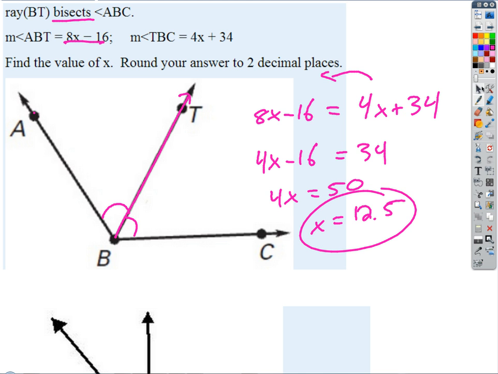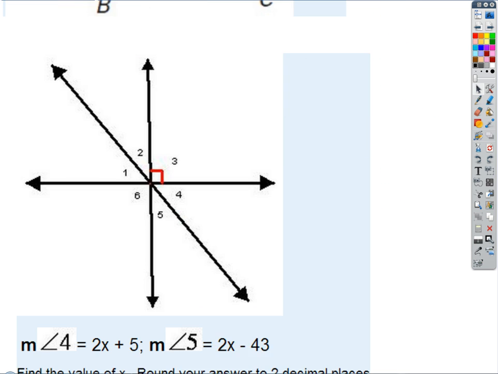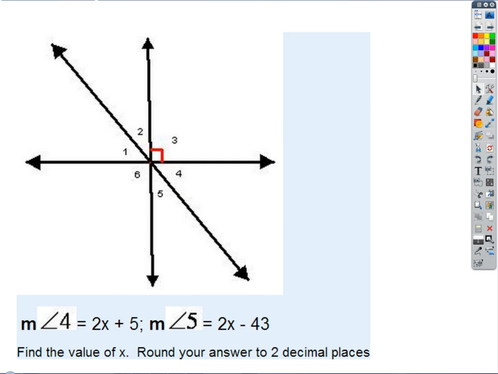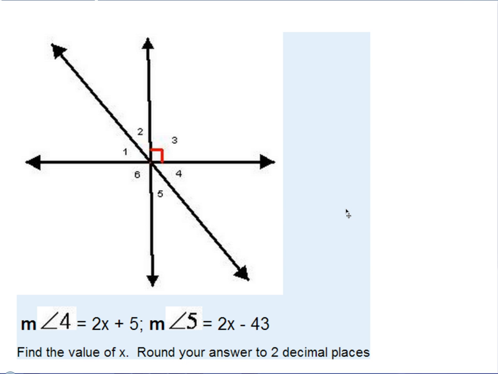Now compare that to this problem right here. The reason that this one is more commonly missed than the one we just did is because what people tend to want to do with this is they just want to set angle 4 equal to angle 5. But is that what's going on there? They might look equal, or they might look congruent, I should say. Measures 4 and 5. Does that mean anything though?